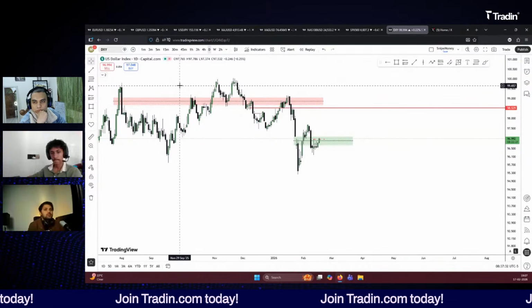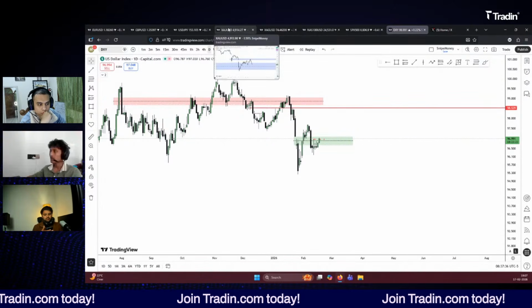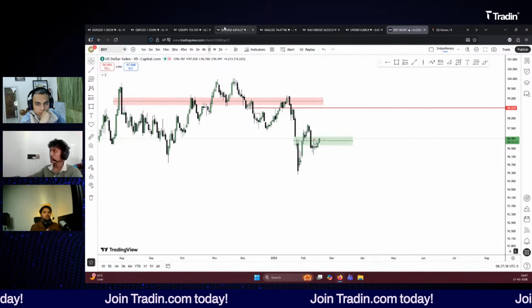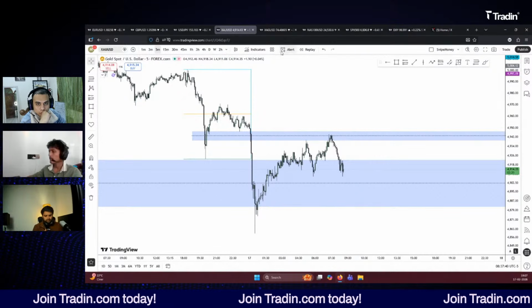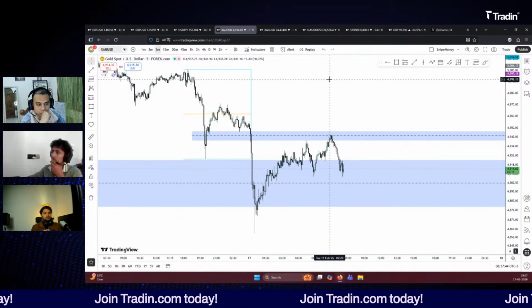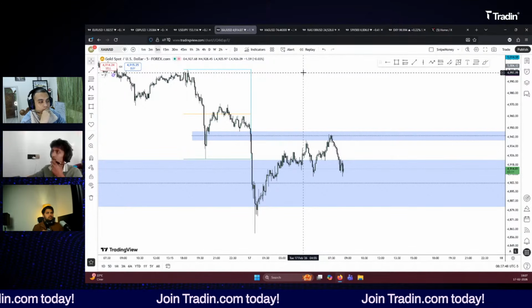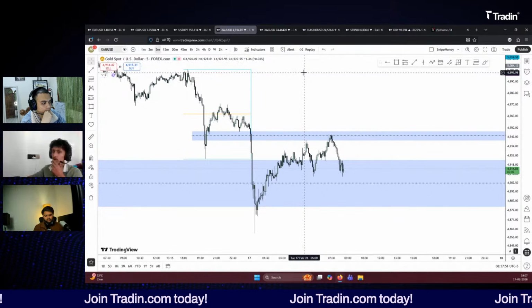What do we have? Interesting, you see the United States inflation. It has dropped. I wasn't just looking at the numbers, it's like 2.4 or something.